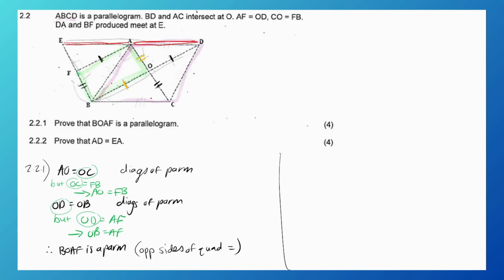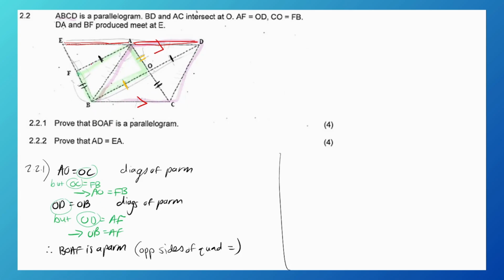Now, this next question is a little bit more tricky than the first one. They're asking us to prove that AD and EA are equal. So far we've worked with this purplish parallelogram, so we know that those two sides are equal, but also that those two sides are parallel. That also means the AE part is parallel to here if we cut on this line and look at this portion, EACB.